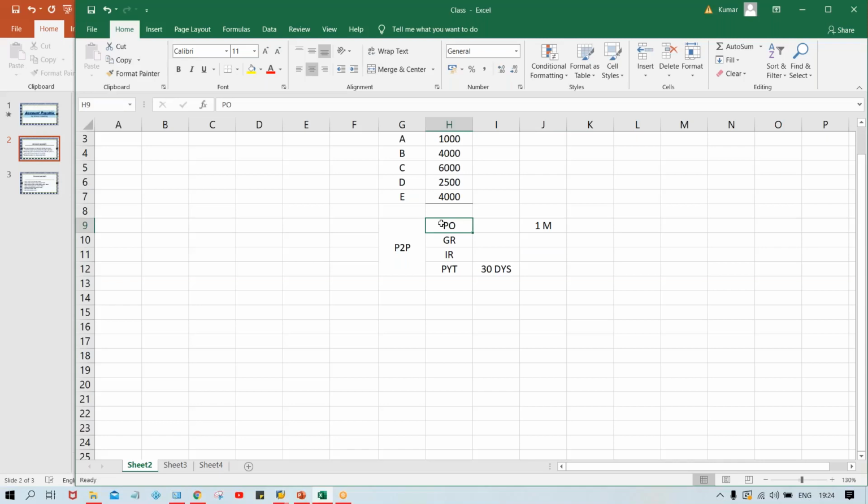Non-PO invoices mean what, guys? Let's take the example of utility services, right? In utility services, say for example, Tata Motors is consuming electricity. The electricity board is also giving a kind of service, right? So every month, based on the consumption, they are going to send the invoices.